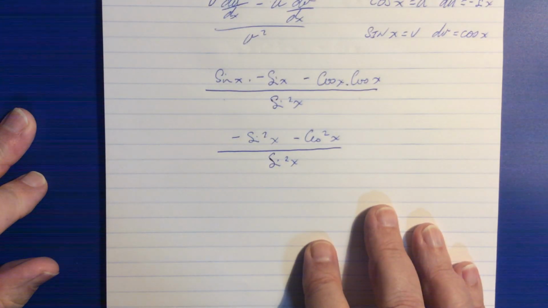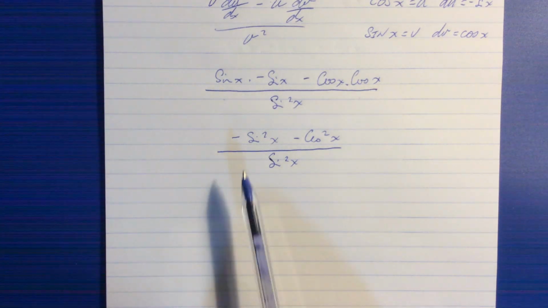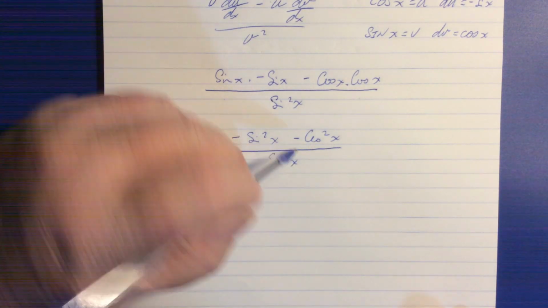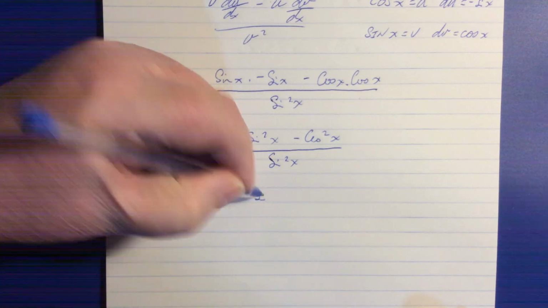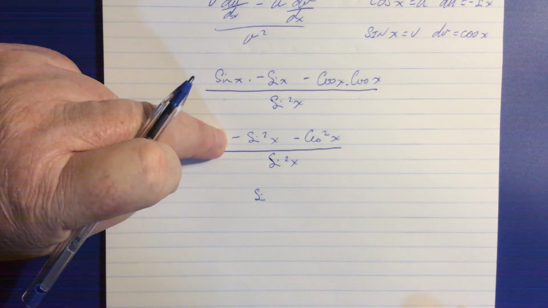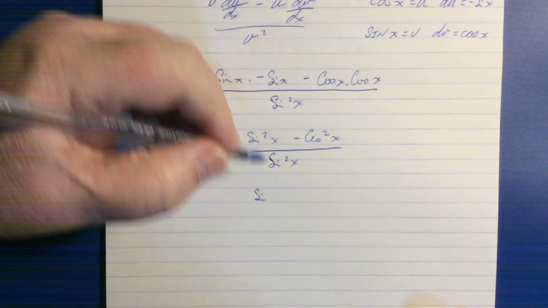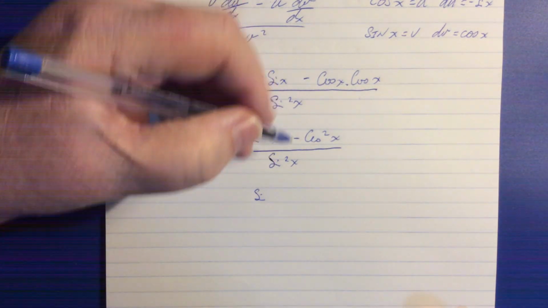Now, a lot of people would stop here. And you might find that if you're given this as an assignment, you wind up with half marks. There's something we can do here, just in this top line. So we're going to take out a common factor, which is the negative 1, if you will.